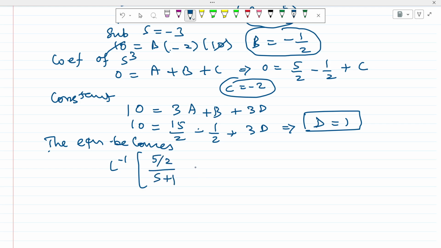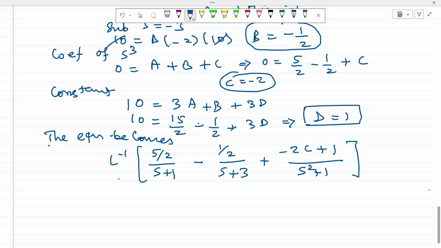Second one is minus 1 by 2 into 4 by s plus 3. Then the last one is cs plus d, c is minus 2. Minus 2s plus d which is 1, divided by s square plus 1. Okay, fine. So what is the answer for this?